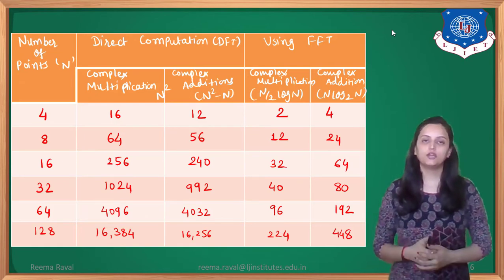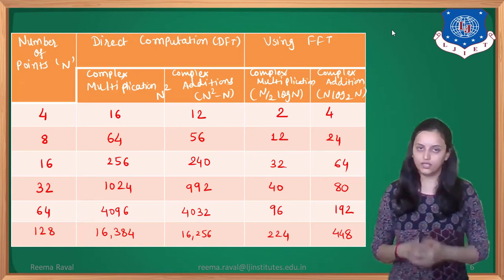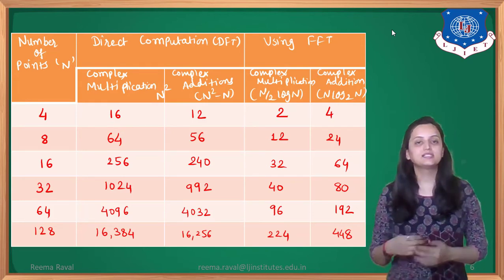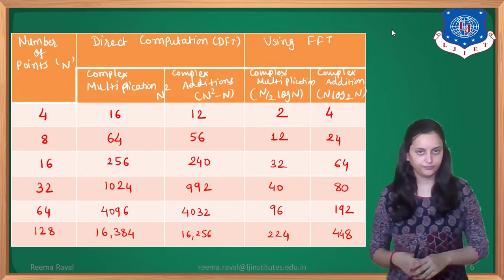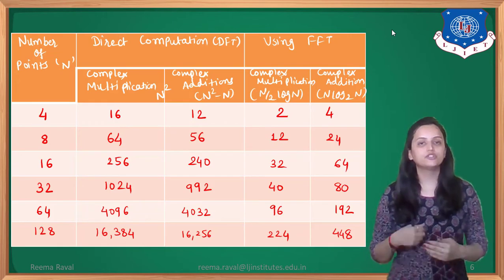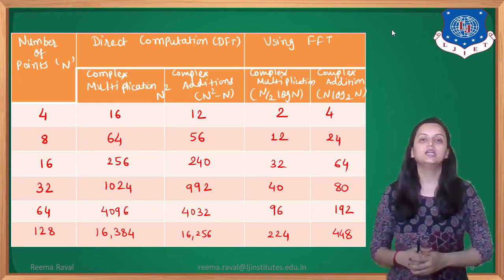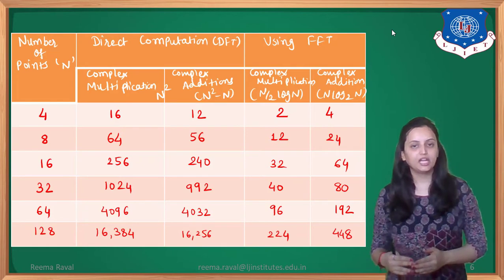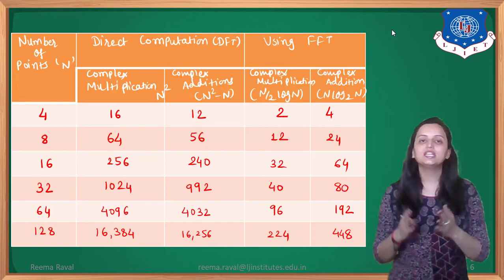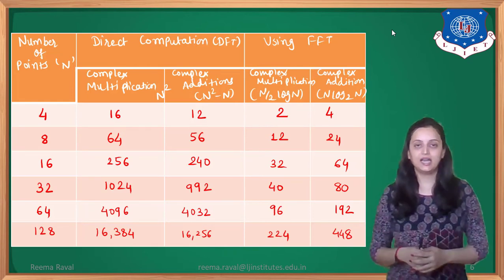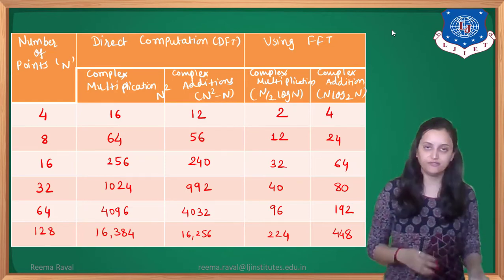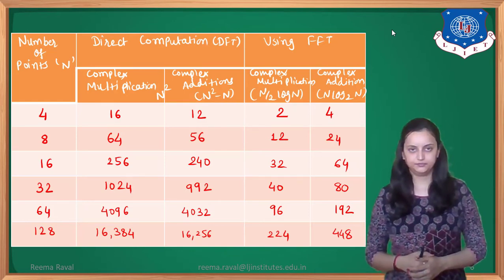Next is the number of points 64. For that, complex multiplications are 4096 and complex additions are 4032. If we calculate for FFT for 64 points, the complex multiplications are 96 and complex additions are 192. If you compare these two numbers, you can directly say that the complex multiplications are reduced drastically in the case of FFT as compared to DFT.